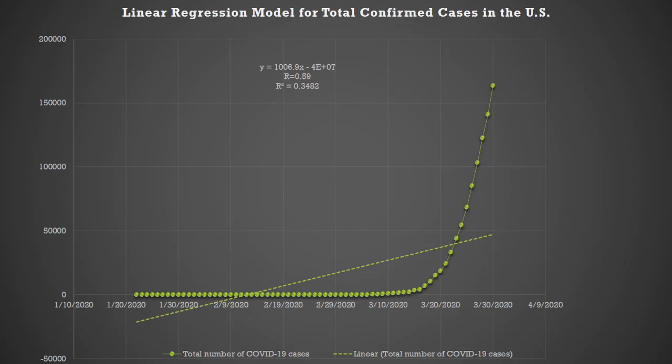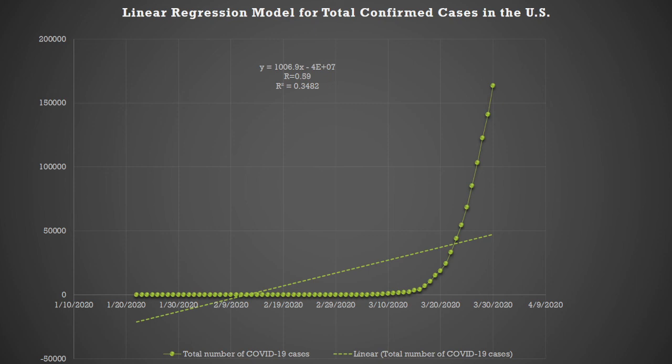In this graph, I use a linear regression model for total confirmed cases in the US. As you can see, the graph is a terrible representation of the total number of cases. The correlation coefficient is 0.59, which is a moderate positive correlation. This means that as the date increases, the total number of cases moderately increases.